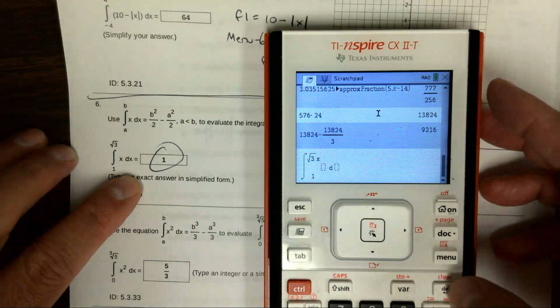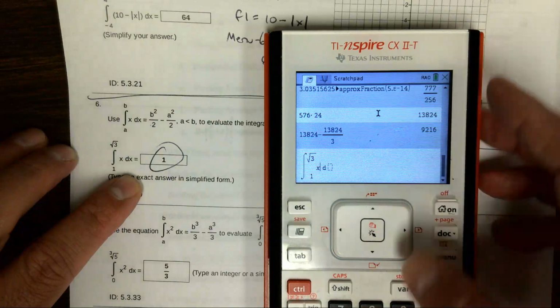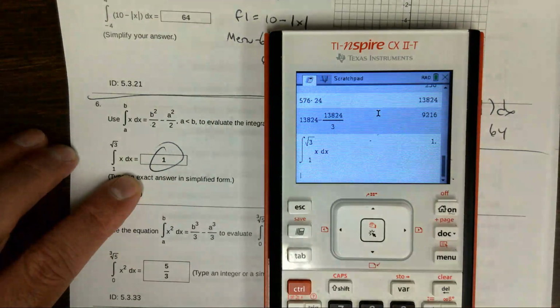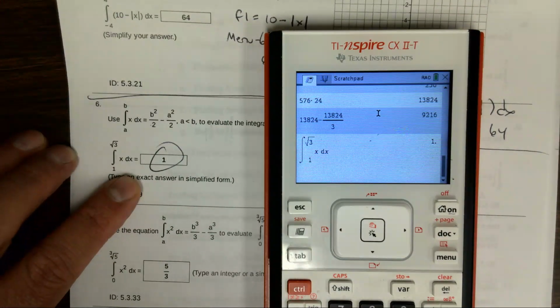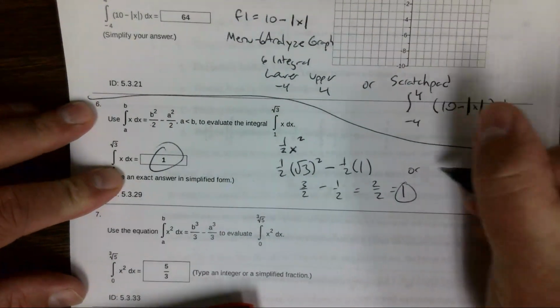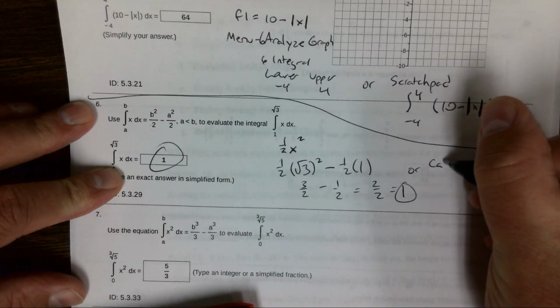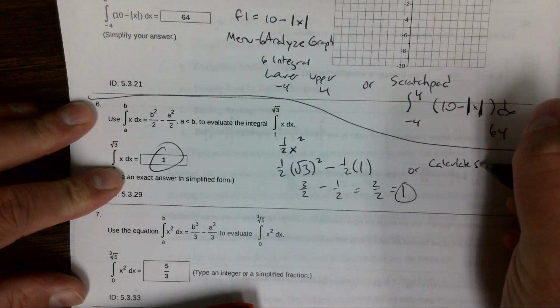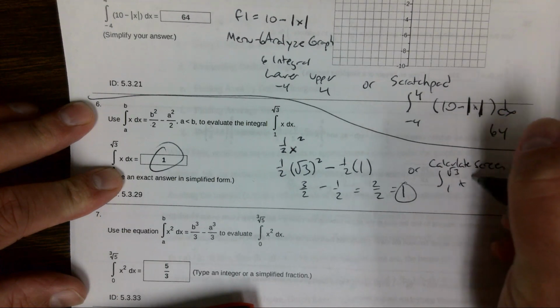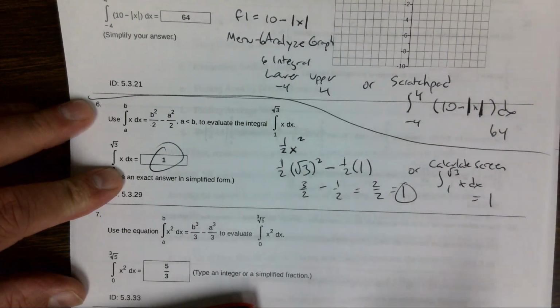Whoops. X dx. And so that just tells me my answer is 1. The other option was through graphing, but this is good. Or go to the calculate screen and then do integral 1 square root of 3 x dx and get 1.